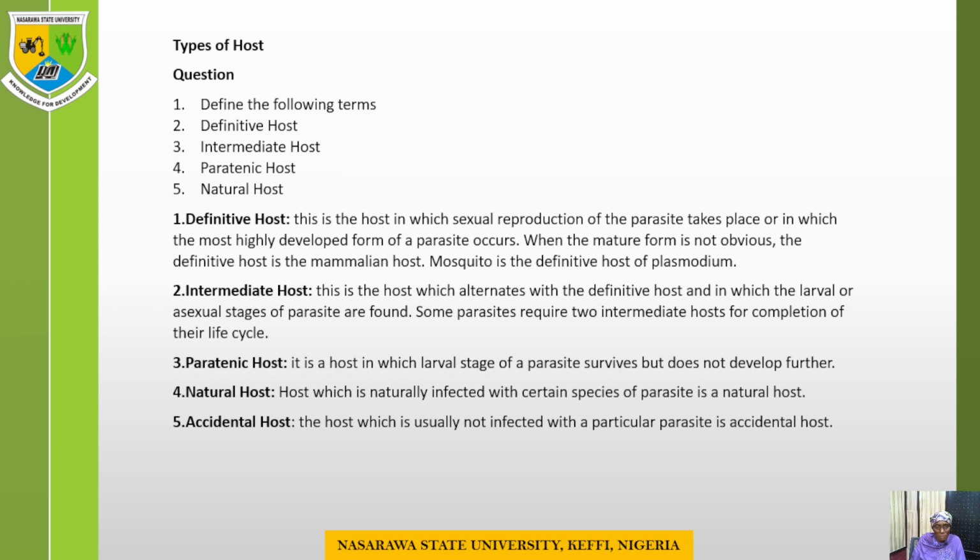We have types of host. Questions that will help you define the following terms: definitive host, intermediate host, paratenic host, natural host. Definitive host. This is the host in which sexual reproduction of the parasite takes place, or in which the most highly developed form of the parasite occurs.